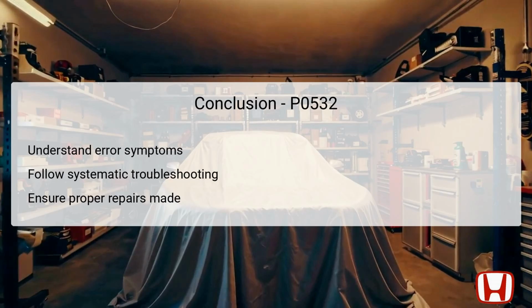This guides you through checking for sensor functionality, verifying wiring integrity, and replacing faulty components as needed. Lastly, ensuring repairs are validated through tests and preventive measures can enhance the longevity and efficiency of the AC system, ultimately contributing to better driving comfort and satisfaction.